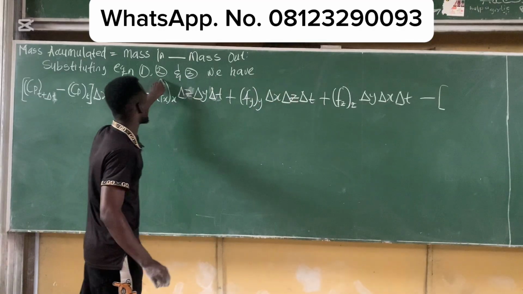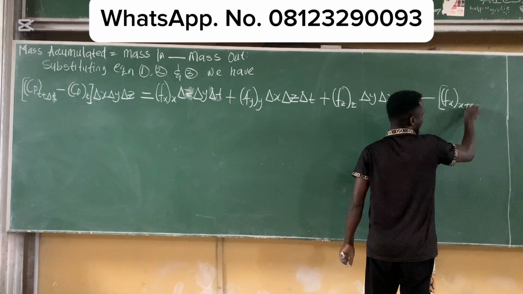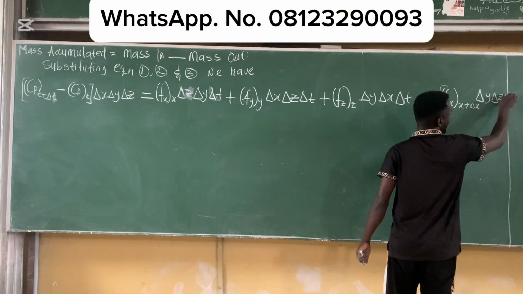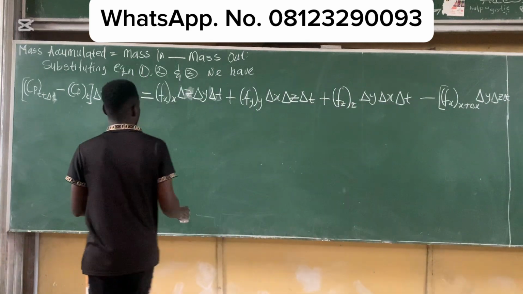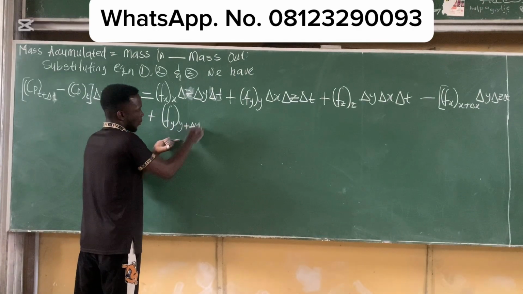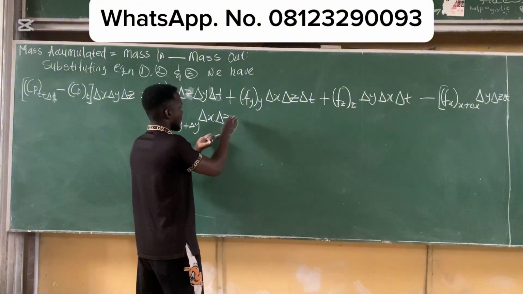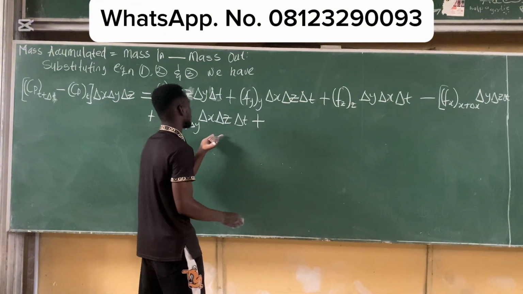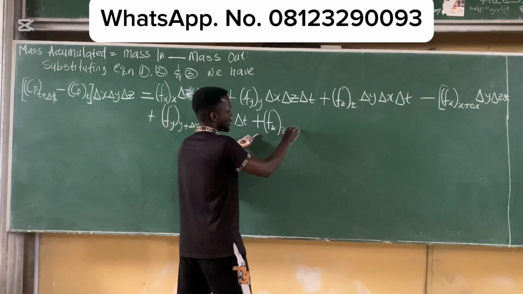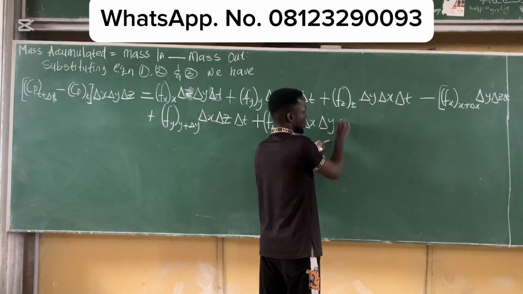Our mass out is our equation 2, which we have f of x, x plus delta x, dy, dz, dt, plus f of y, y plus delta y, dx, dz, dt, plus f of z, z plus dz, dx, dy, dt.